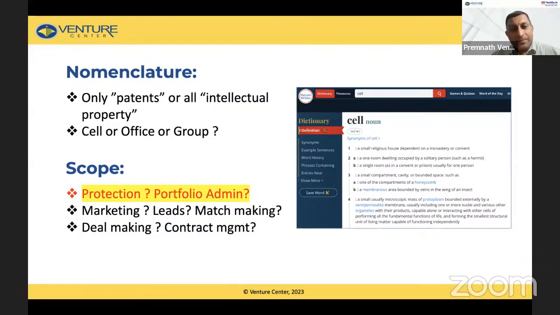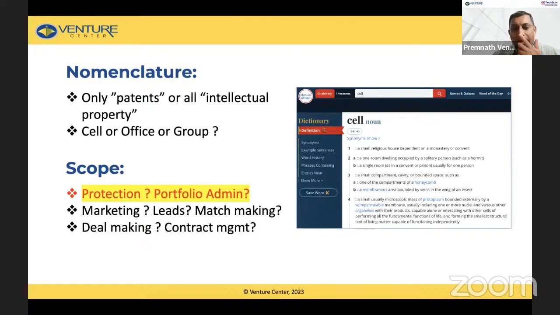So that is the primary role of an IP office group, right? Marketing, leads, matchmaking come is the next level, and then there's deal making and contract management, which could be part of some kind of a business development group as well, but it depends from organization to organization how they manage it. In universities in US or Europe, you might find that the majority of the activity happens in a tech transfer office which manages number 2 and number 3 here.